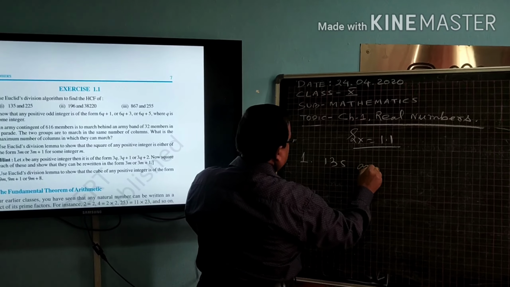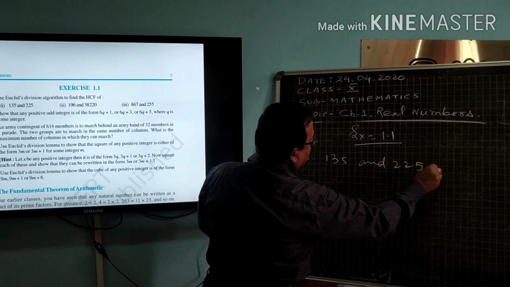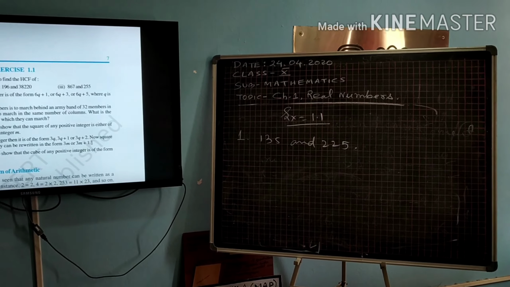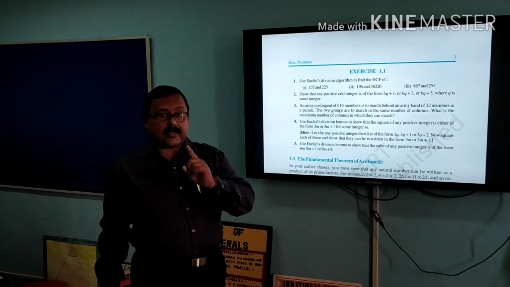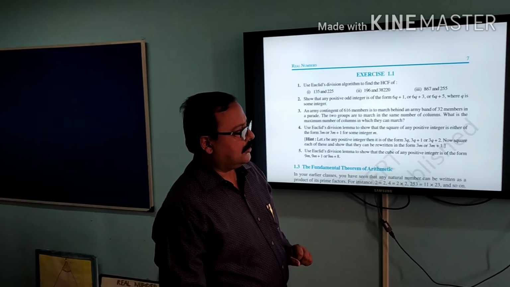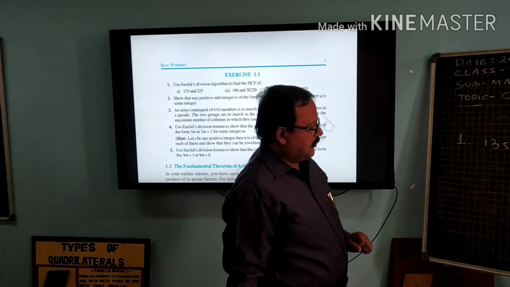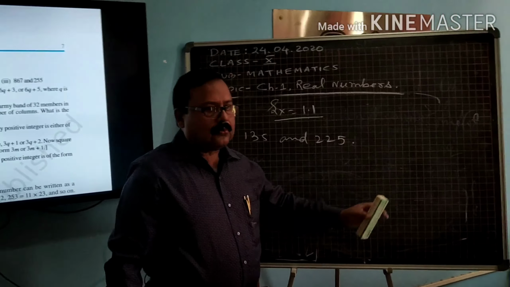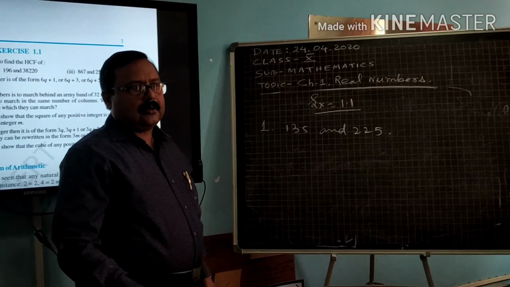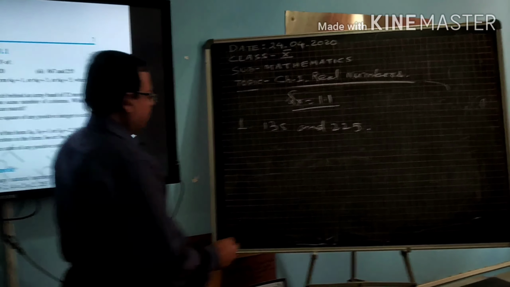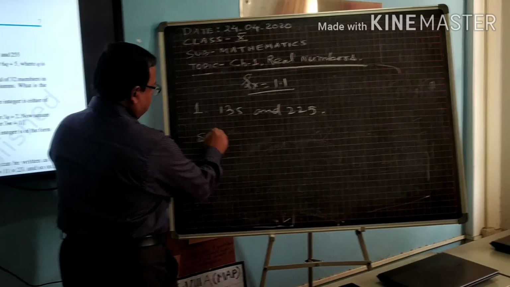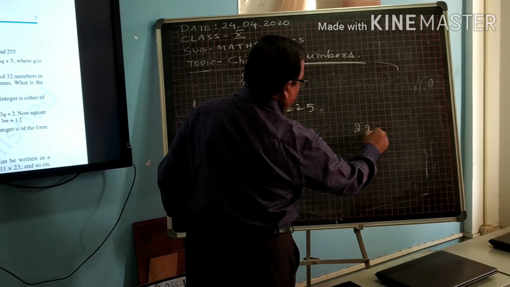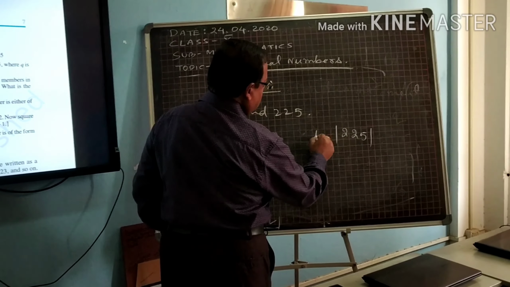To find the HCF of 135 and 225, you use the algorithm only, not the direct division method, not the factorization method. You can use the rules of division for better understanding. Suppose you divide 225 by 135.